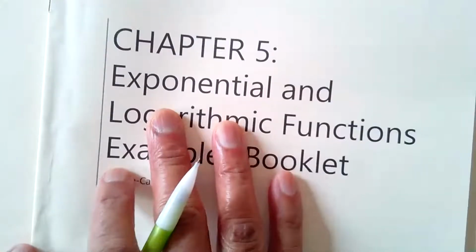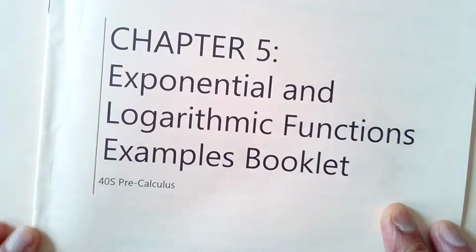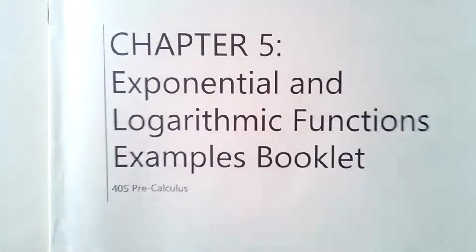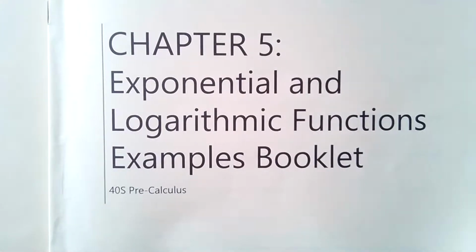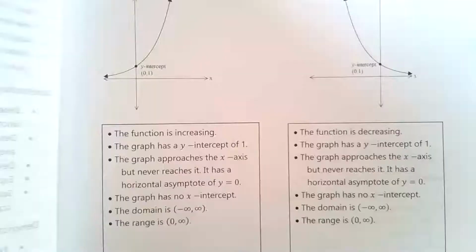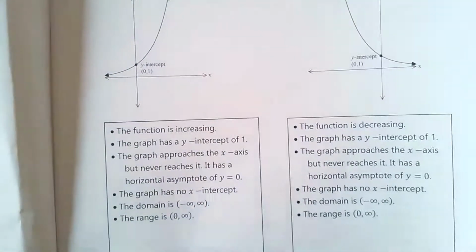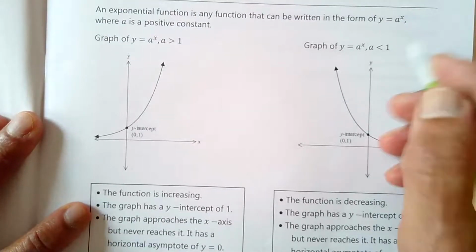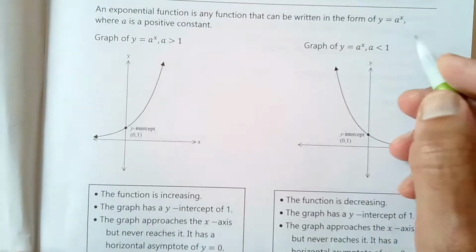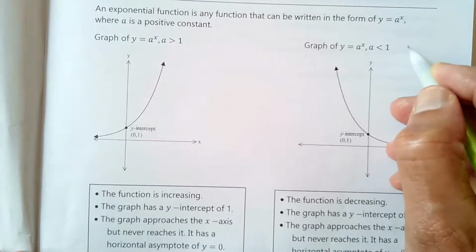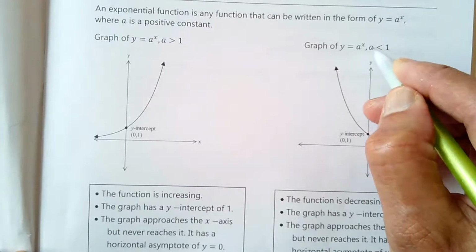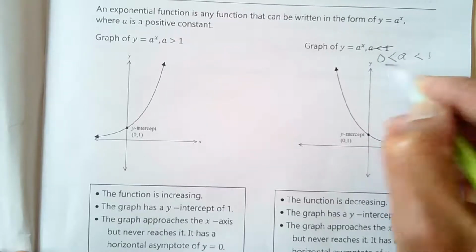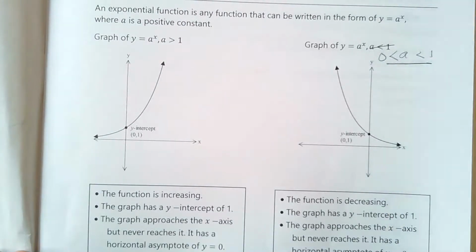So if you look at your chapter 5 work booklet, and this is what you have to hand in for assignments. So if you go to question, by the way, just an editorial here, you need to change this where a is between 1 and 0. Because it's not complete, just to make a correction there.